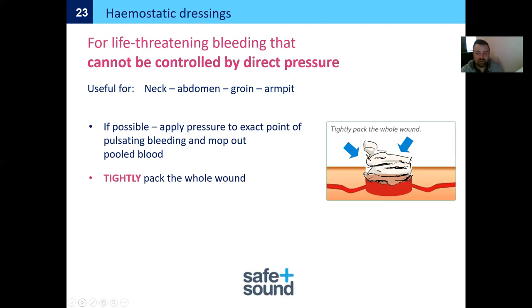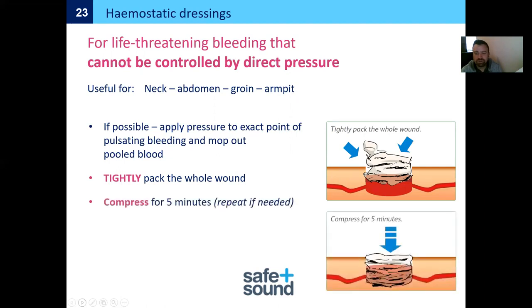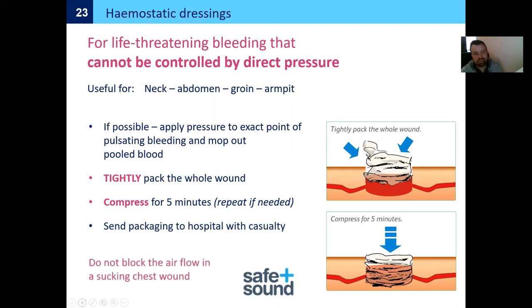What we need to do is tightly pack the whole of the wound, and we need to compress for 5 minutes, and we need to repeat if needed. And then we send the package into the hospital with the casualty. Do not block the airflow if somebody has been stabbed in the chest.